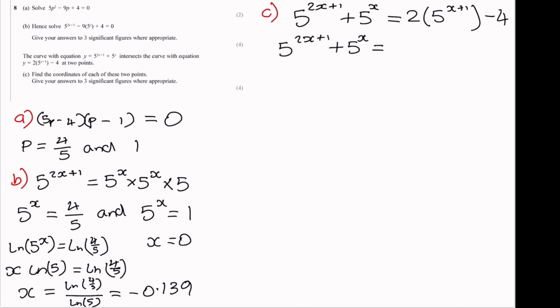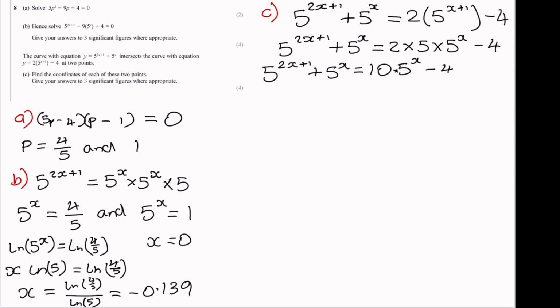So I've got 2 times 5 times 5 to the power of x minus 4. So then if we rewrite it one more time, we've got 2 times 5 is 10 times 5 to the power of x minus 4.